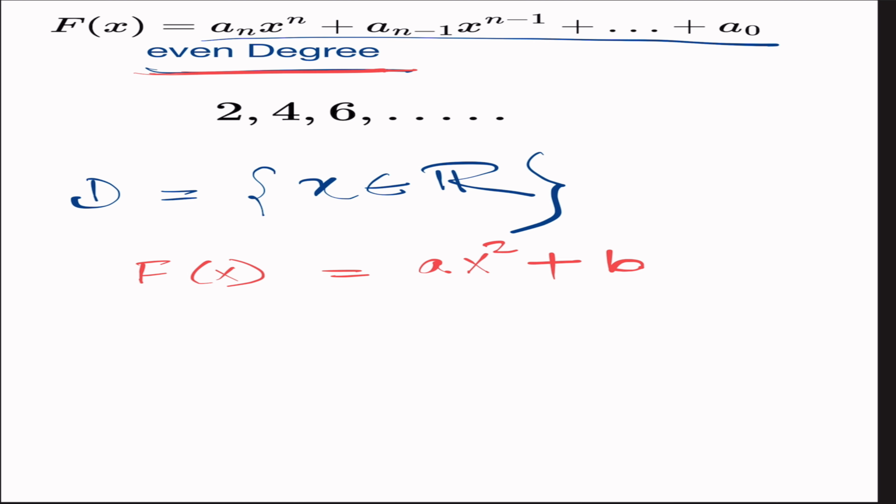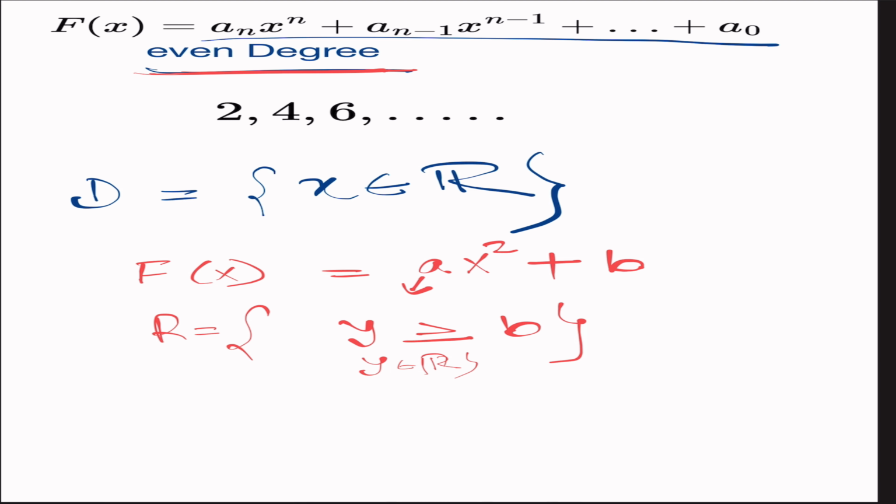In this situation, if a is positive, the range is always y is more than or equal to b, and x is all the real numbers.